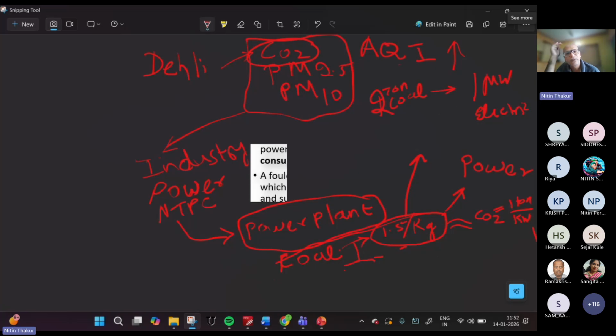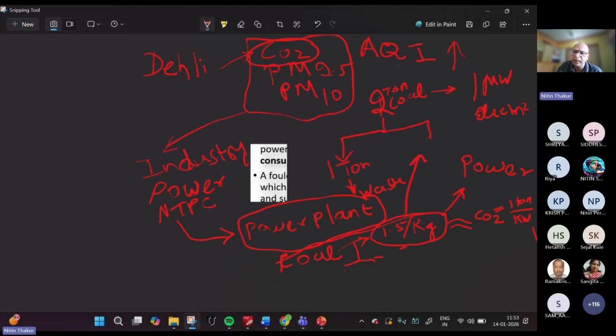So where does this coal really go? If I look at the distribution of the coal to make 1 megawatt of electricity, 1 ton of the coal basically goes into waste heat.